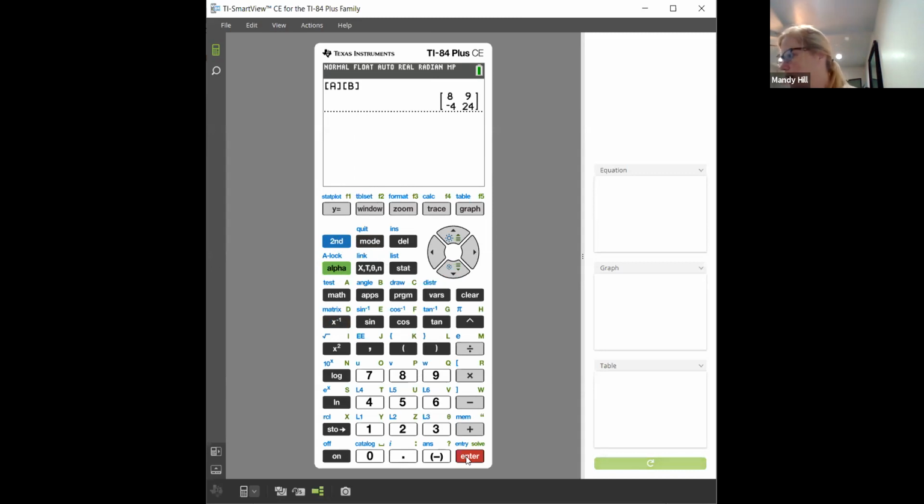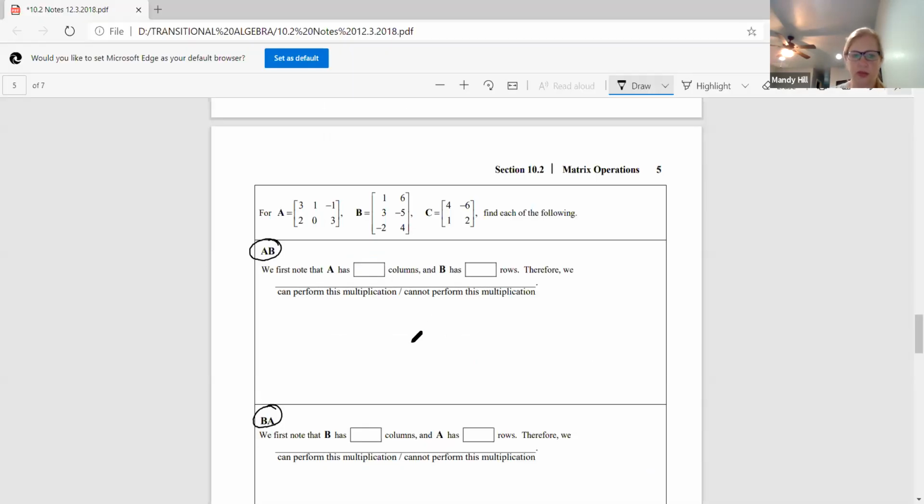Okay, and I'm going to show you how to do that longhand on this one, but I'm not going to do every one of them that way because I think you will not want to be doing every one that way. But here's what we know about this one. First thing is we know that A has 3 columns and 2 rows.